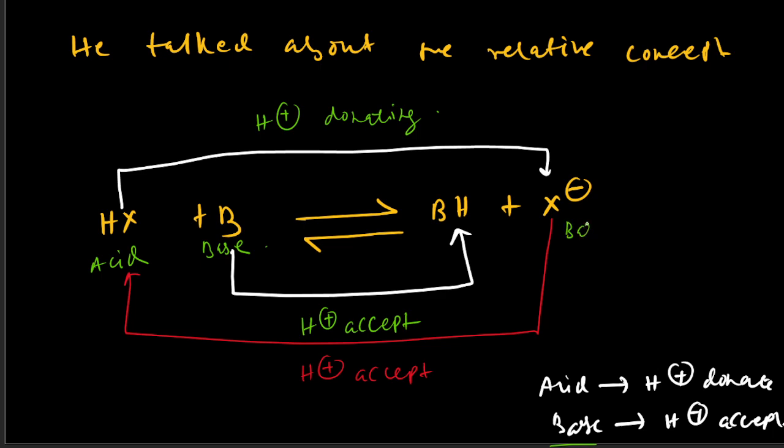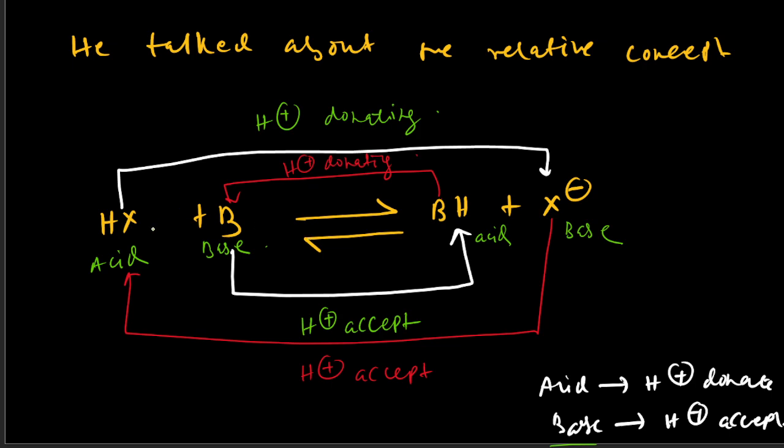So this is base. And similarly, from BH going to B, H plus is donating. So BH was there, coming to B means H plus is donating, so this is acid.